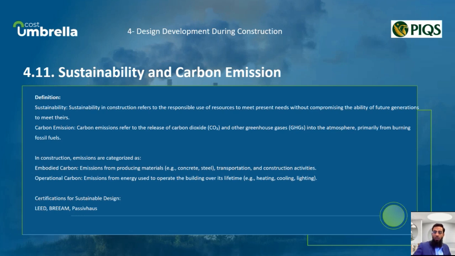Focusing on sustainability during design leads to efficient, comfortable, and valuable buildings. By applying sustainable design principles and pursuing recognized certification, we not only benefit the planet, but can also enhance the value and performance of our building.